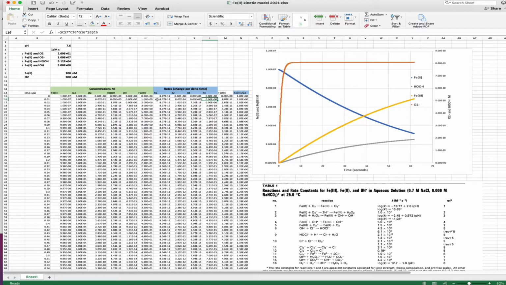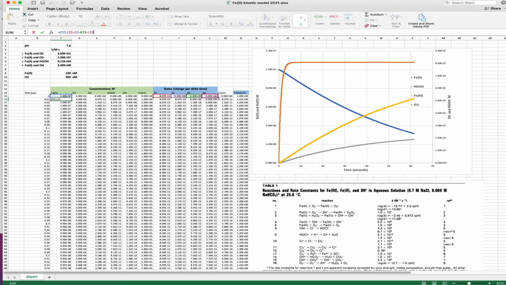Well, what's my second row? Well, my second row is simply the first row. It's the iron concentration I had a hundredth of a second before, plus the rates in row 0. So I subtract the rate in I15, J15, K15, L15.